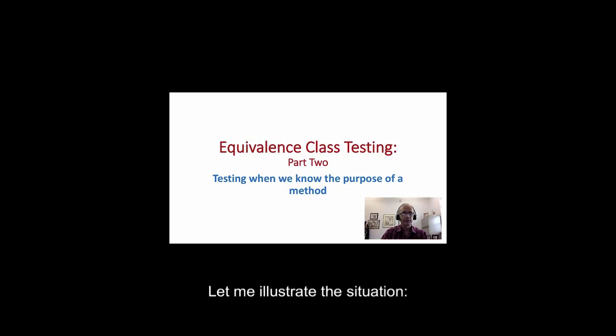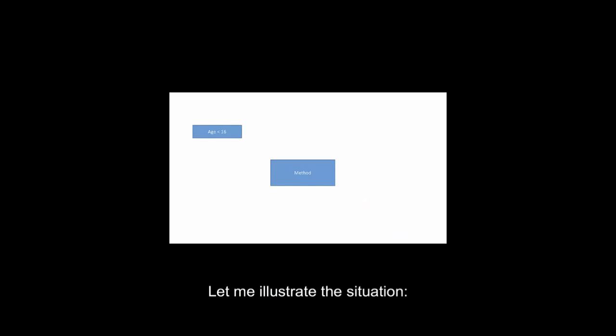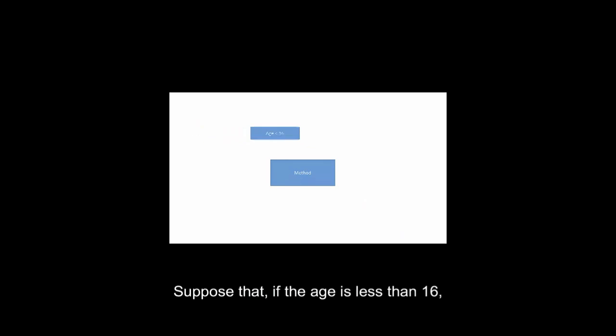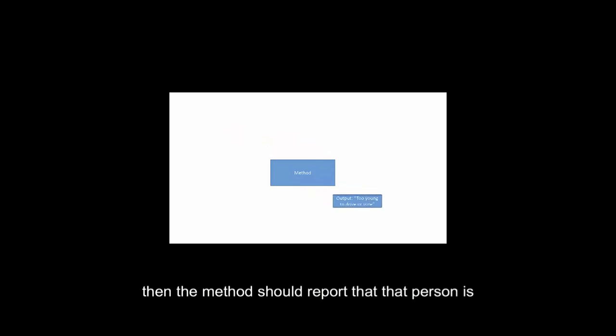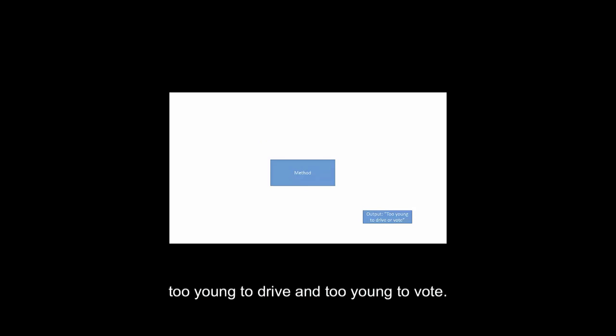Let me illustrate the situation. Suppose that the age is less than 16. Then the method should report that that person is too young to drive and too young to vote.